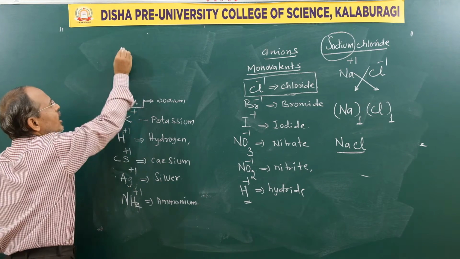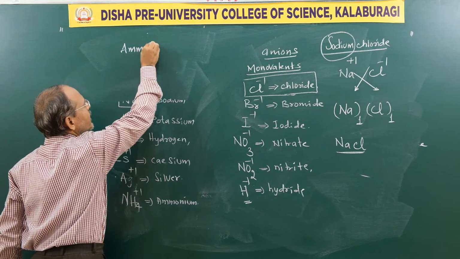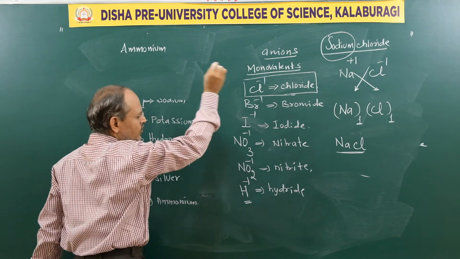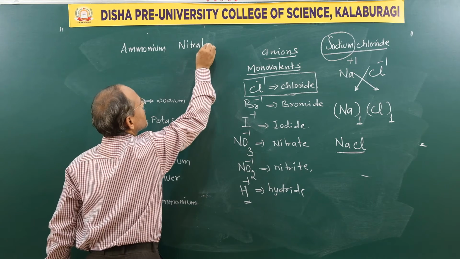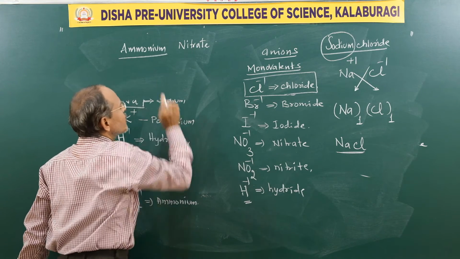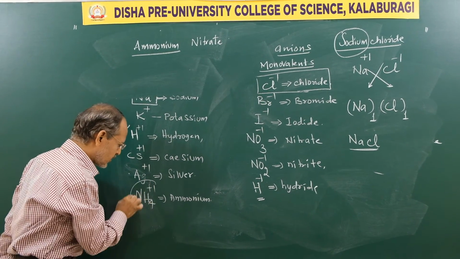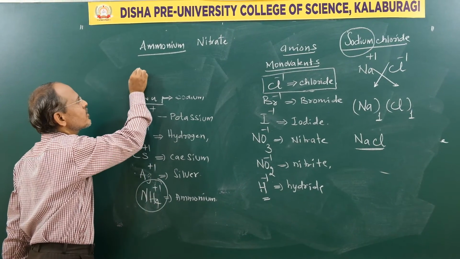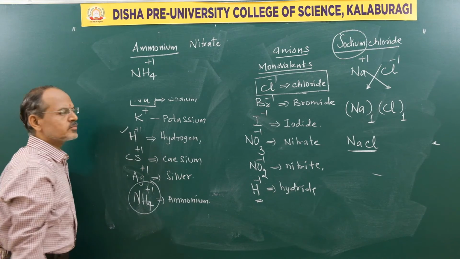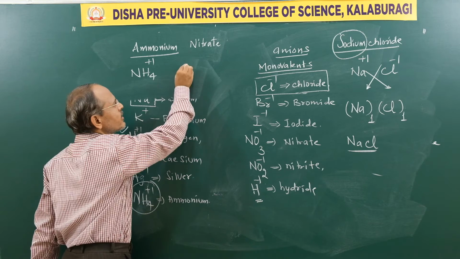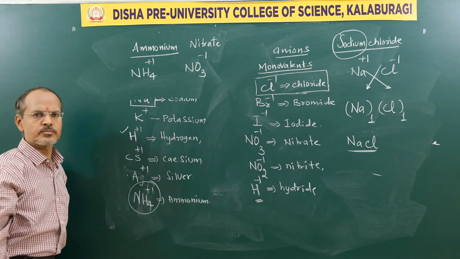Okay. Now another example. I'll write ammonium nitrate. So first you just go through the ammonium. It was NH4 plus 1. Then nitrate, NO3 minus 1.